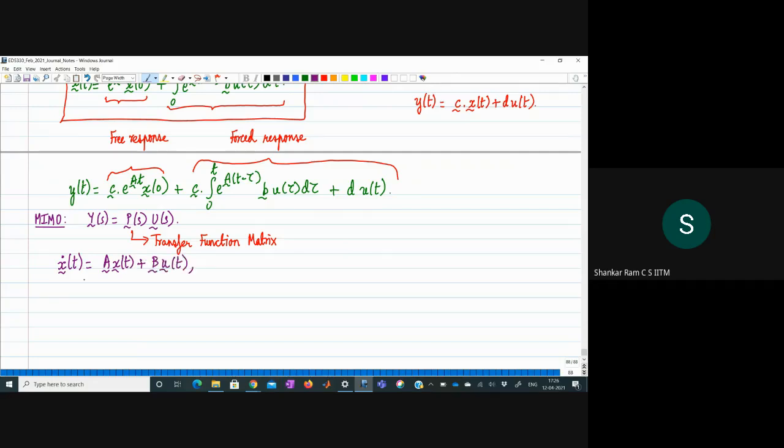Of course, now u is a vector, and the output y of t is also a vector, which could be written as C x t plus D u. So now A, B, C, D are matrices of appropriate dimension. We can essentially observe that the realization for this system is the set A, B, C, D. Now, if we take the Laplace transform, I'm going to leave this as an exercise to you.